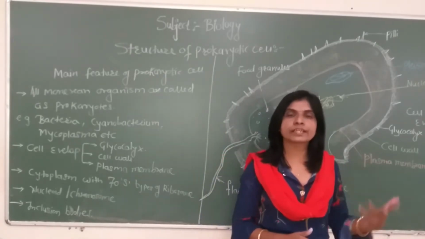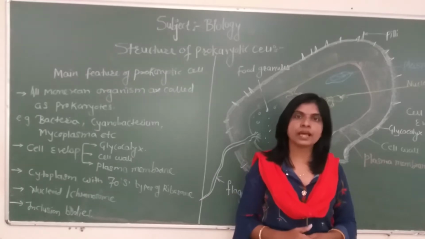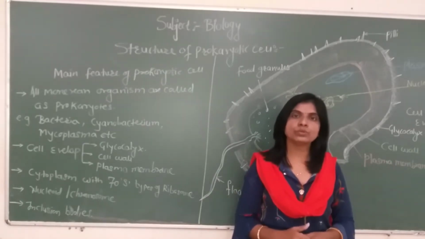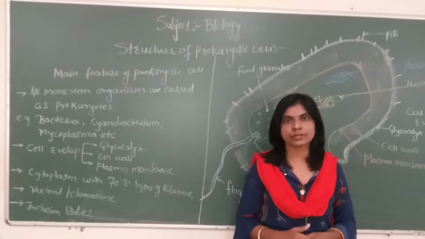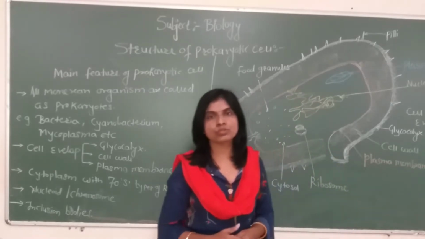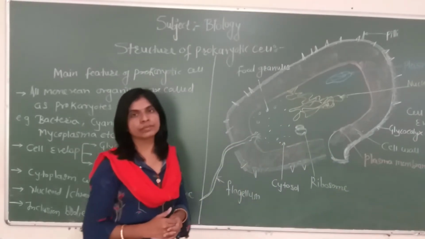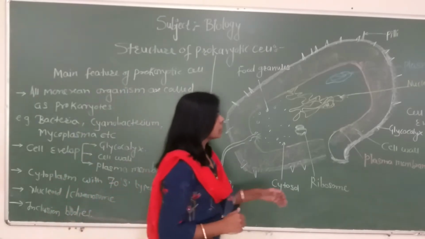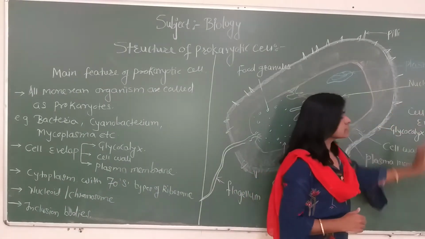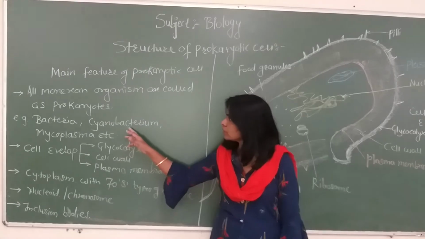This cell is always rectangular in shape and has a size of about 1 to 3 micrometer in diameter. This cell has an outermost protective 3-layered covering called the cell envelope. The cell envelope is sublayered into 3.